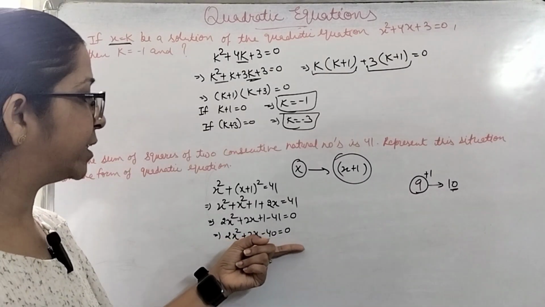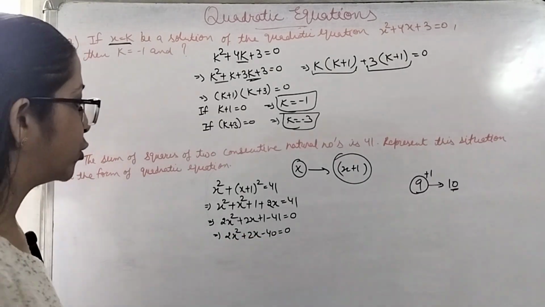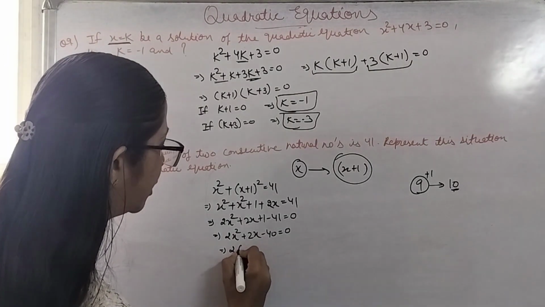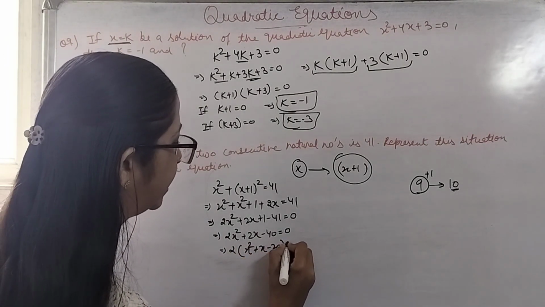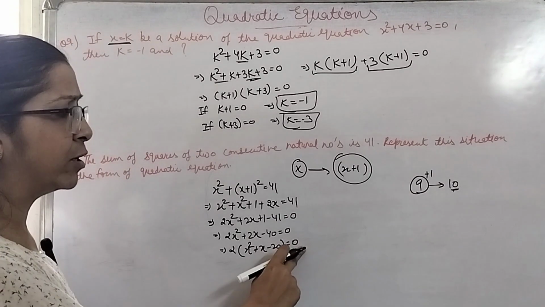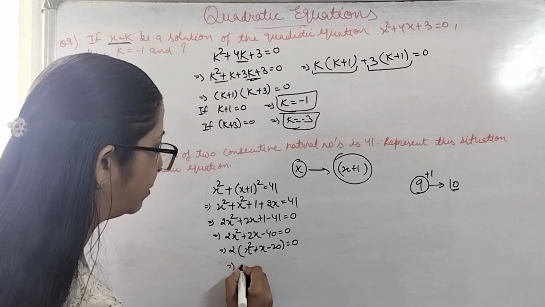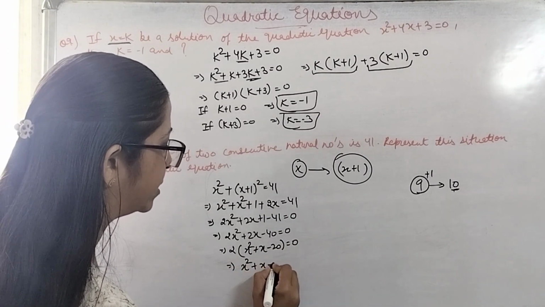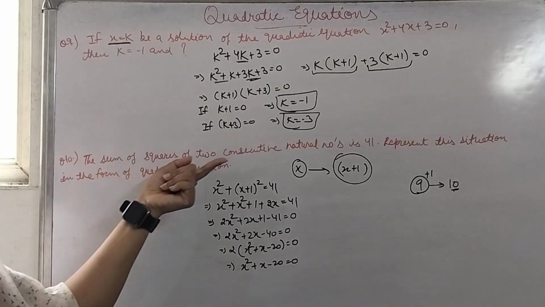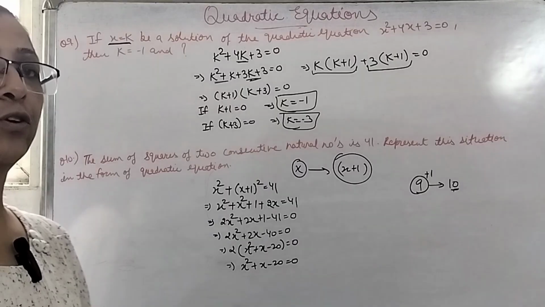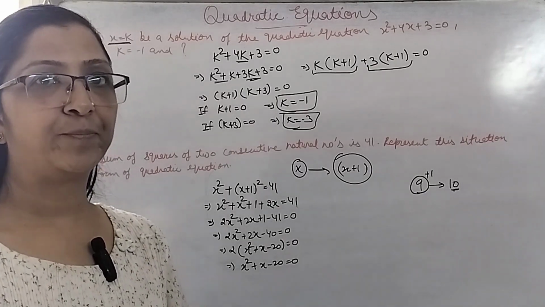We can see over here that 2 could be taken common. So if I take 2 common, this equation could be written as x square plus x minus 20 equivalent to 0. Because 2 cannot be equivalent to 0, that simply means your equation is x square plus x minus 20 equivalent to 0. So this is how we can represent the given situation in the form of your quadratic equation.